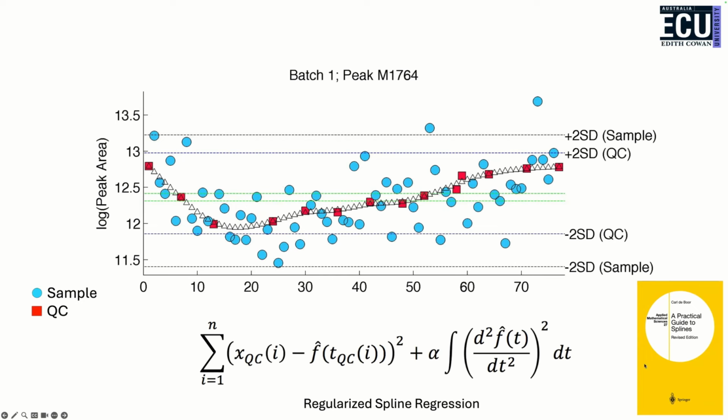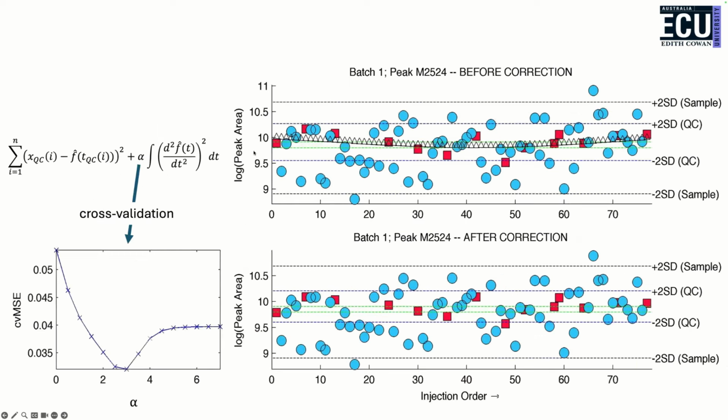If you're interested in regularized splines, and this is the backbone of the correction algorithm that I implemented, there's this book here, which is where the code that I used is taken from, and it's implemented in MATLAB using the standard library. The aim is that we have this regularization factor here, alpha, and if you use cross-validation, you can tune the algorithm so that you don't overfit the data.